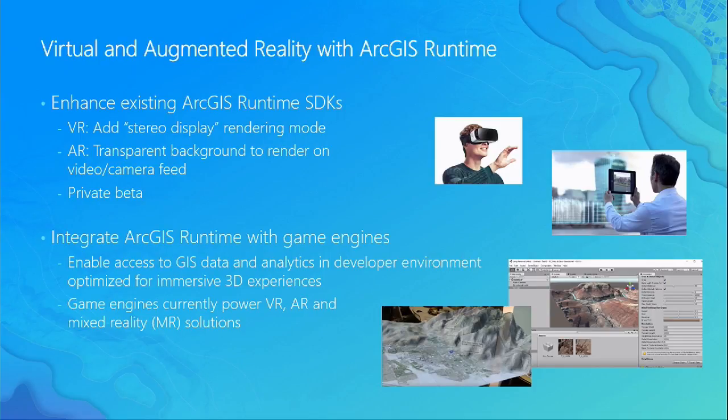It really makes sense. A lot of folks are looking to take advantage of a native experience, so they're building out native solutions for devices where they want to provide a VR or AR experience. In Runtime, we're looking at two options. The first option is taking the 3D experiences we have in Runtime today and providing a different perspective to accommodate VR and AR experiences.